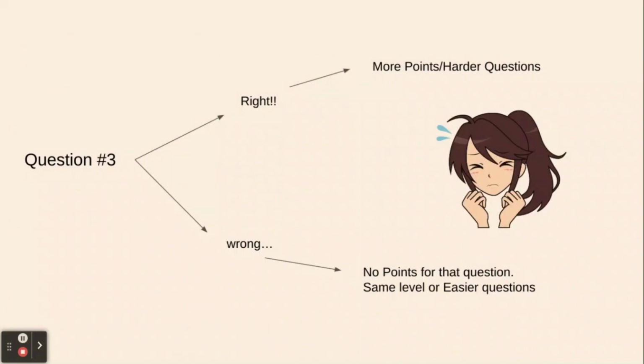The test is going to adapt and give you a harder question, which will earn you more points if you get that next question right. But if you get question 3 wrong, then it's kind of a double whammy because you're not going to get any points for that wrong answer, and it's going to keep you at that same level or give you even easier questions that are worth fewer points. This is why it's so important to really study and prepare for these tests.